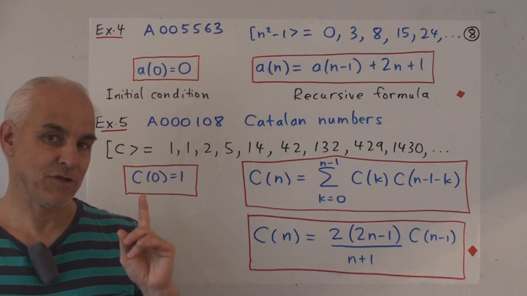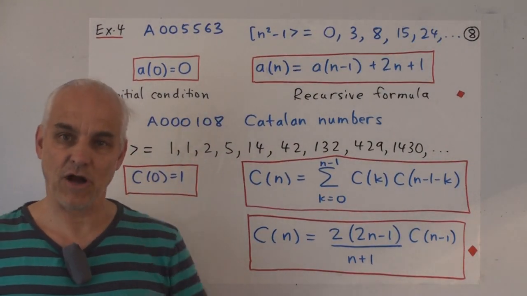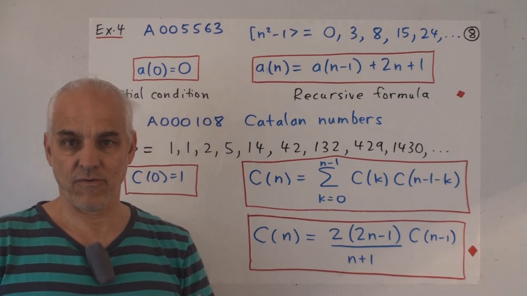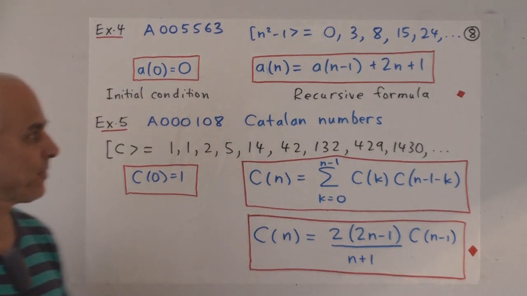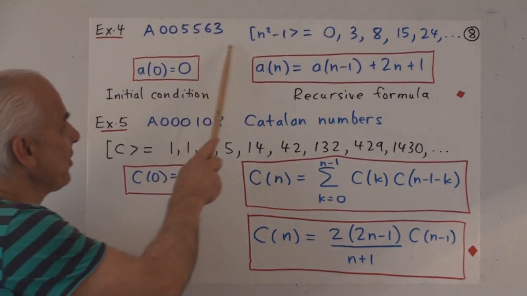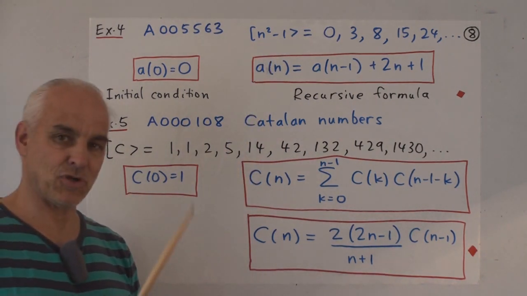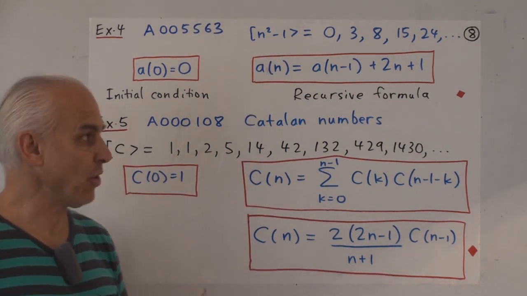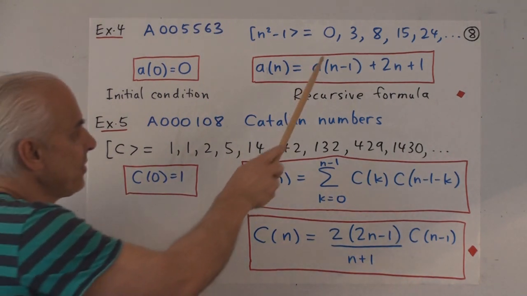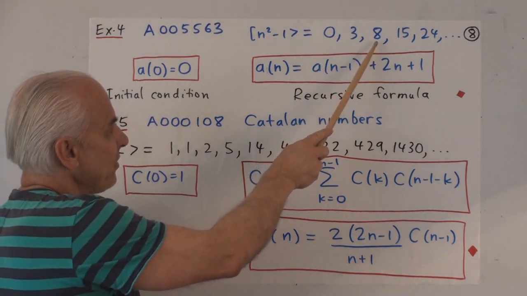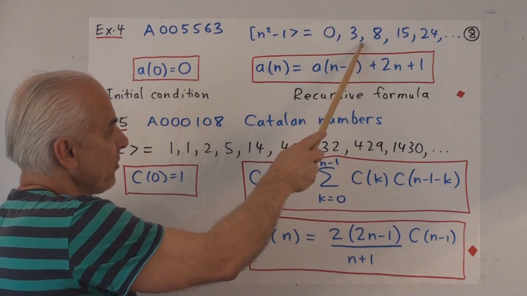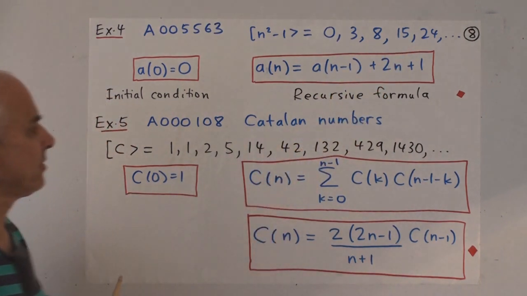Let's have a look at two sequences that we've already talked about from the point of view of recursive definitions of them. So here was the sequence n squared minus 1, which I associated to this hopping frogs and toads problem. The numbers which are 1 less than the square, so 0, 3, 8, 15, 24, and so on.